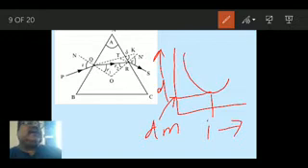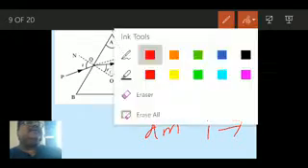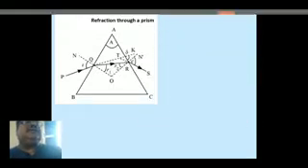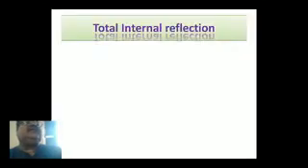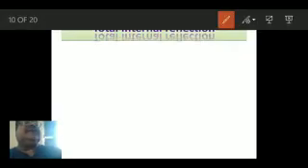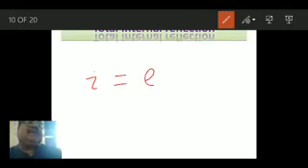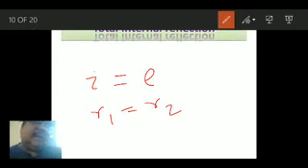And there are certain conditions for angle of minimum deviation. The conditions are, first of all, the angle of incidence must be equal to the angle of emergence. Secondly, the angle of refraction, that is R1, must be equal to R2. That means the refracted angles inside the prism must be equal to each other.